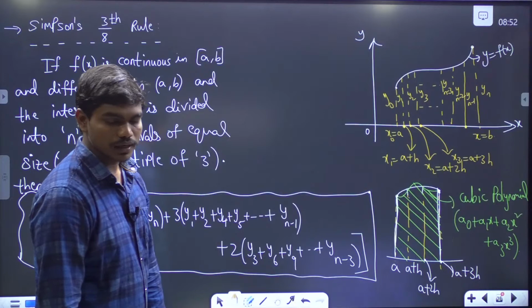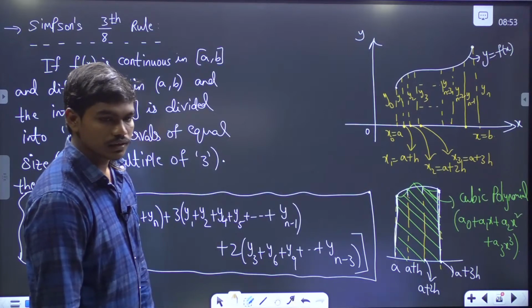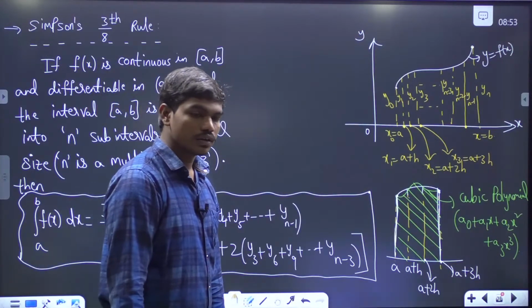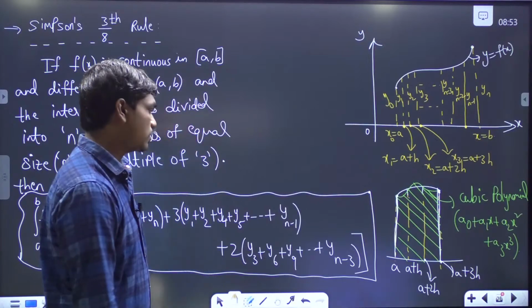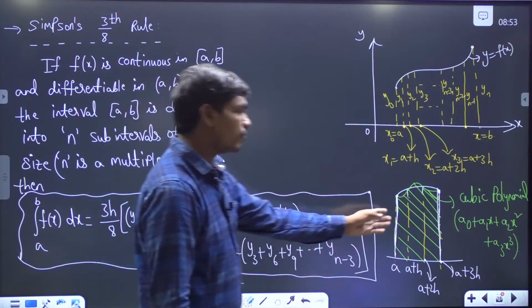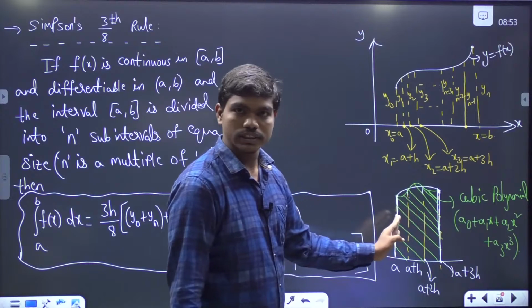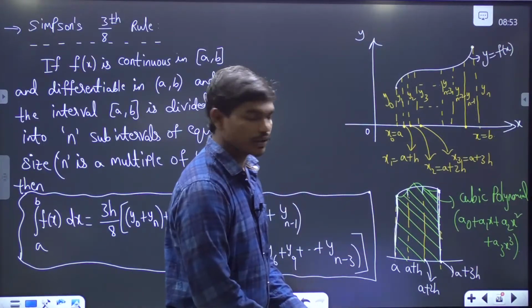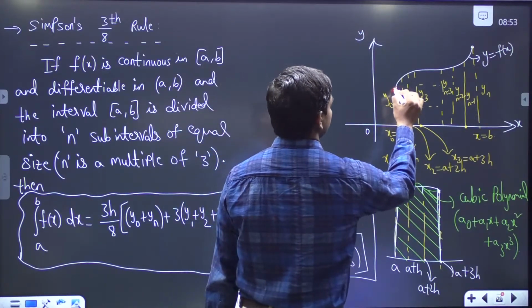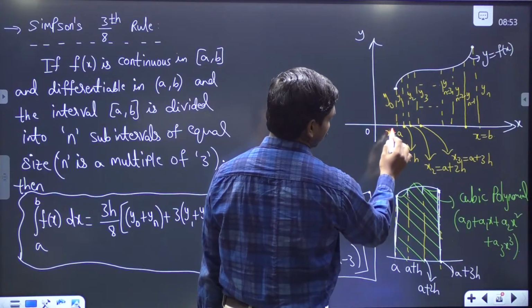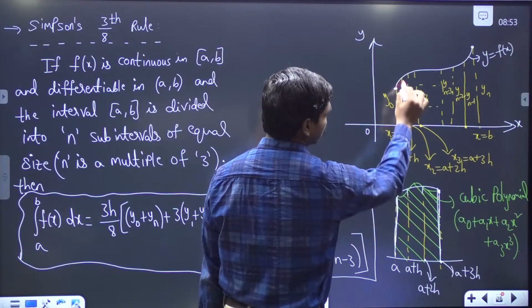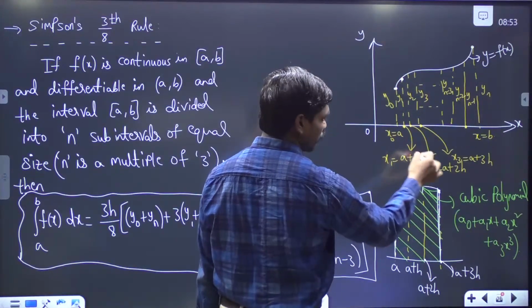So how is the polynomial considered? Won't we get coefficients? See, y0 and yn are nothing but the coefficients only, Monica, because y0 is nothing but f of a, and y1 is nothing but f of a plus h.